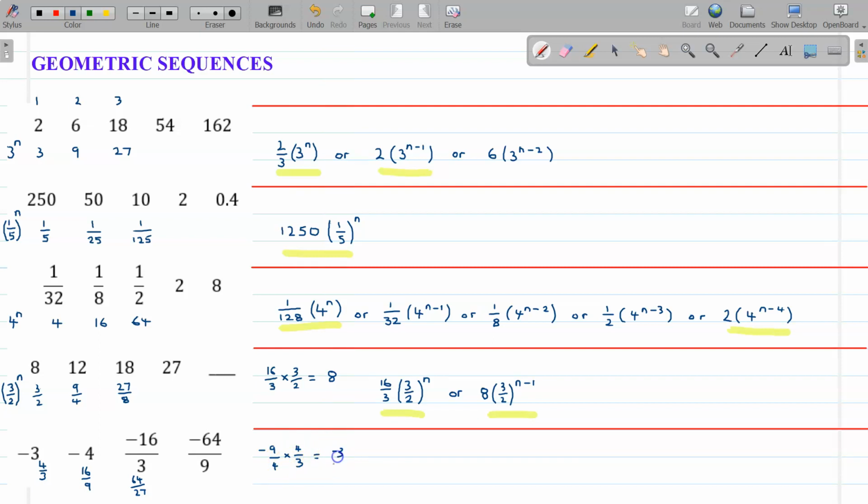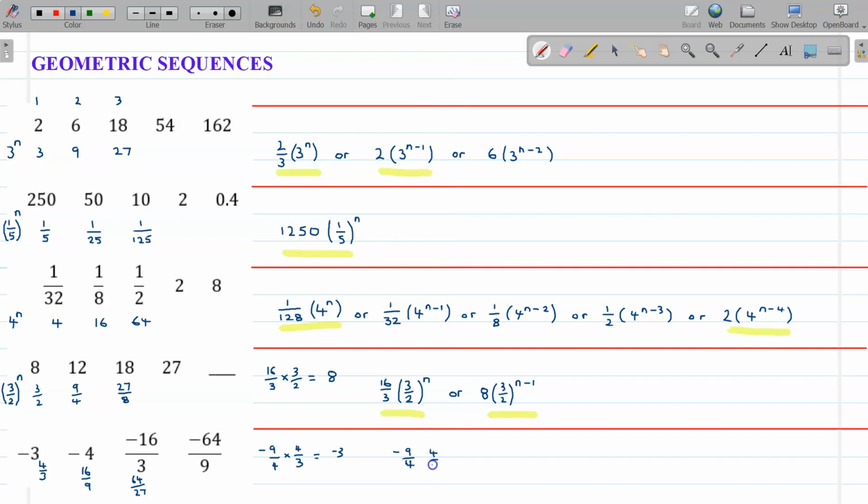So in other words, I've got to take the sequence 4/3 to the n and multiply it by minus 9/4. So my rule would be minus 9/4 of 4/3 to the power of n.